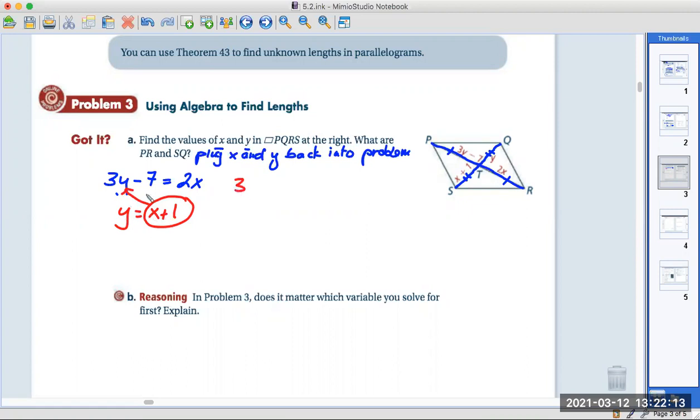So now I have 3, but in place of y, I'm writing x plus 1. And finishing the question. And now if you look, you got an equation with only x. This is called substitution.